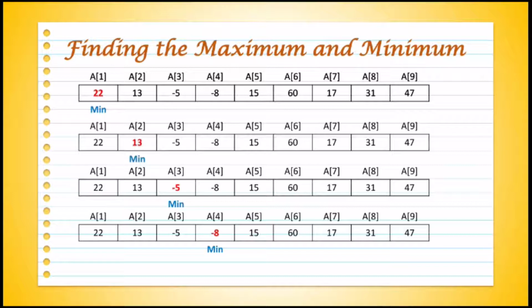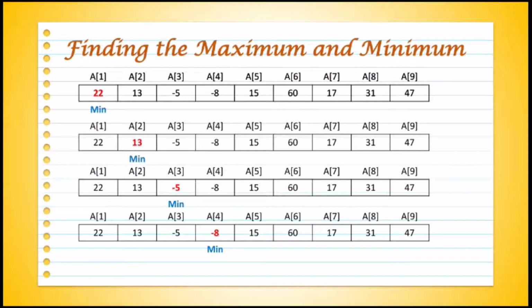Now we will compare the next element, that is 60. Is 60 less than minimum? No, the condition is false. So the value will remain as it is. Next, is 17 less than minimum? No, the condition is false. The next element is 31. Is 31 less than minimum? No, the condition becomes false.